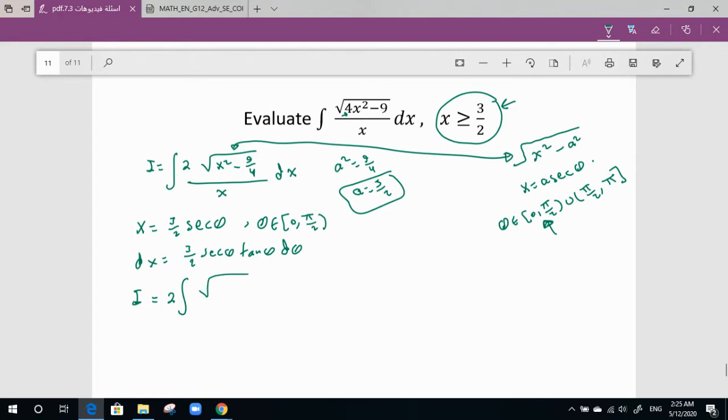Radical x squared, it's 3 over 2 secant theta squared, so it's 9 over 4 secant squared theta minus 9 over 4, over x. What about dx? dx is 3 over 2 secant theta tan theta d theta.